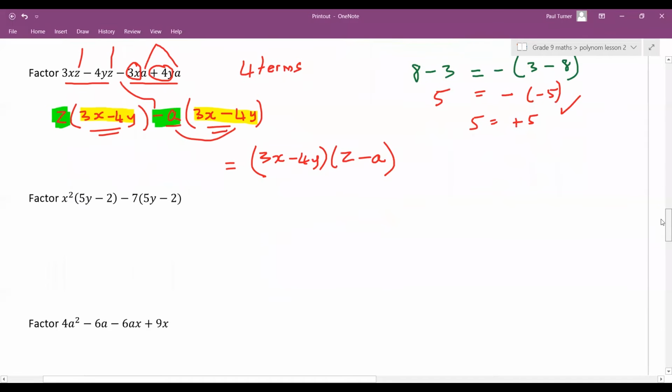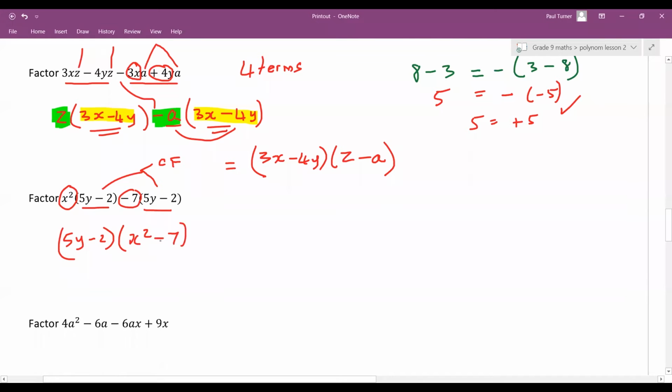I'll leave it there. So if you want to copy that one, you can copy it down. Now this one, again, is pretty easy because you can see you've got 5y minus 2 and 5y minus 2. So these are already a common factor. So the common factor will come out the front, 5y minus 2, and you are left with x squared minus 7.